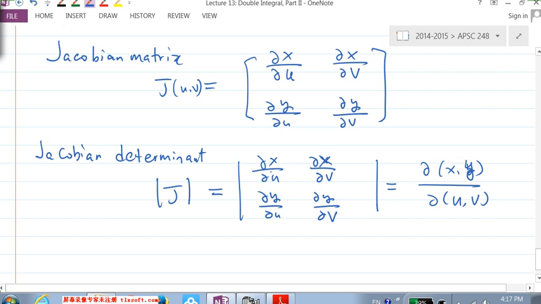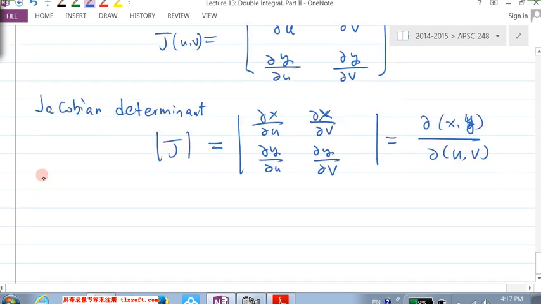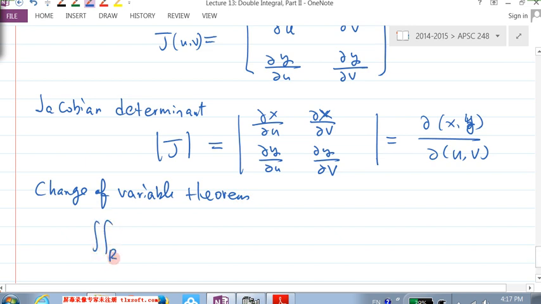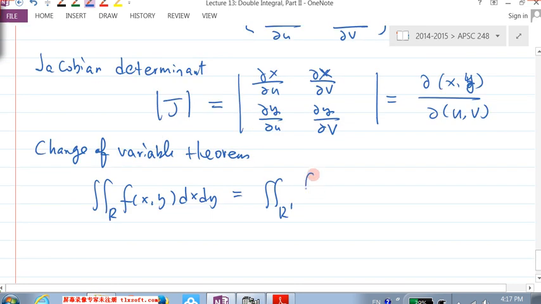What's beautiful is the conclusion: we have this so-called change of variable theorem. Remember what we want. We want to convert this double integral into another integral with respect to u and v now.